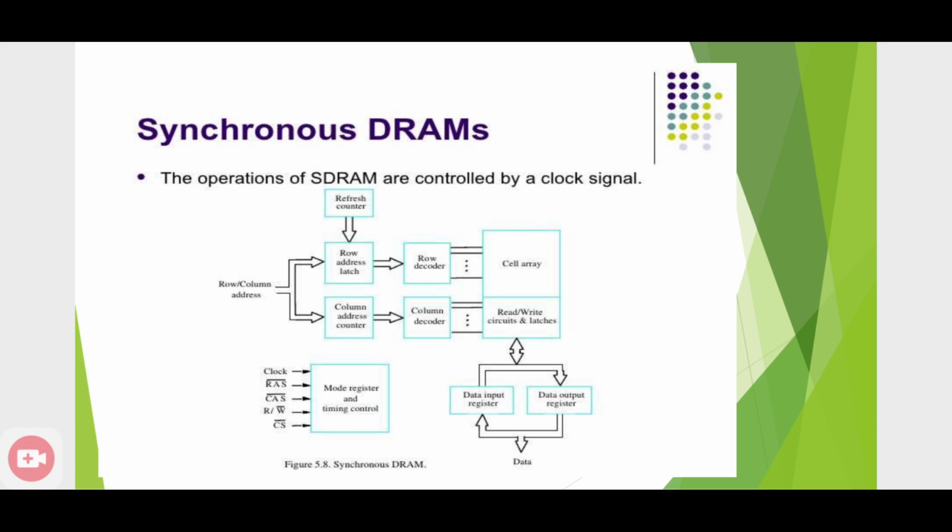There is also a row decoder as well as a column decoder for decoding the row address as well as the column address. So by using the row and column address, we can access the cell array with the help of read and write circuit latches. Clear?